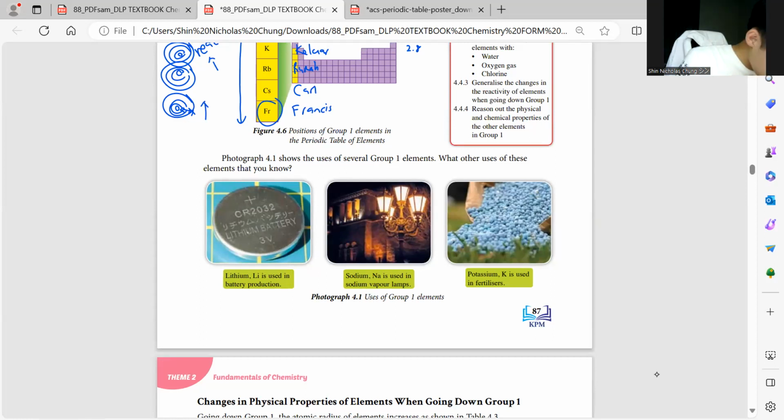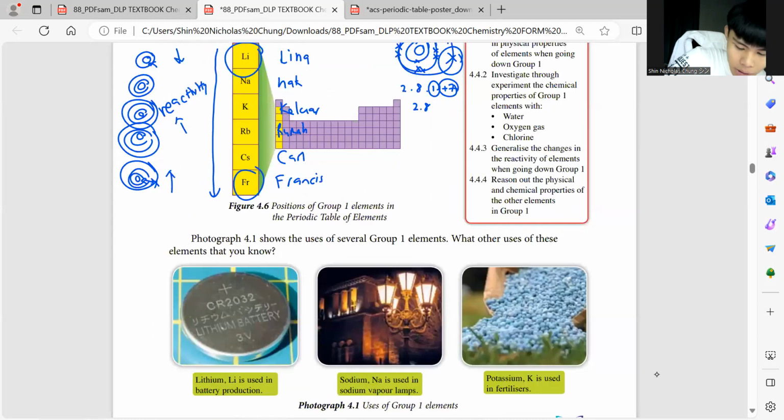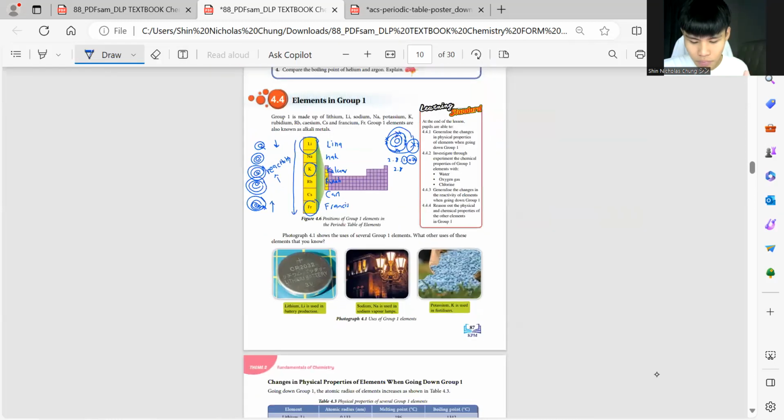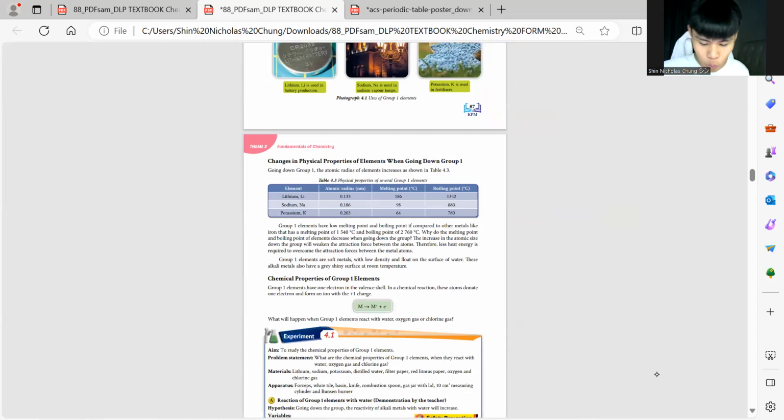What else? Let me see. Calcium, oh yeah, calcium we can use in photoelectric cells. And also banana, we have potassium in it. Okay, so these are just extras that I have in my book.